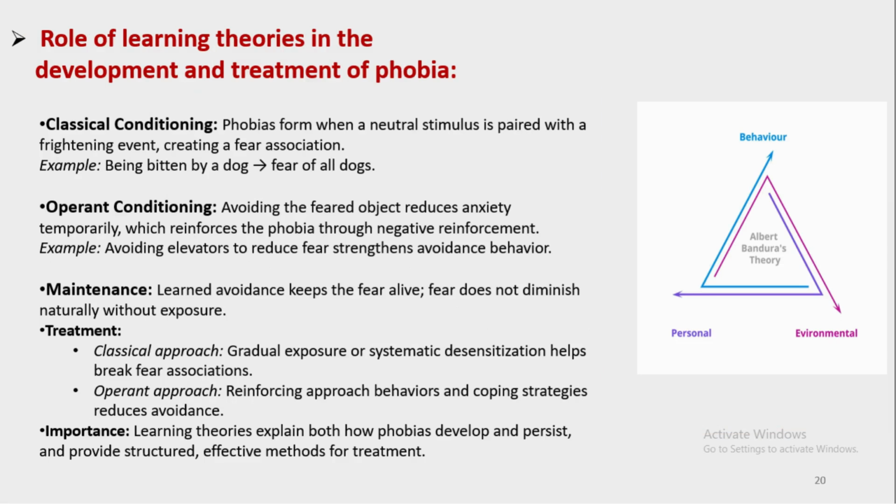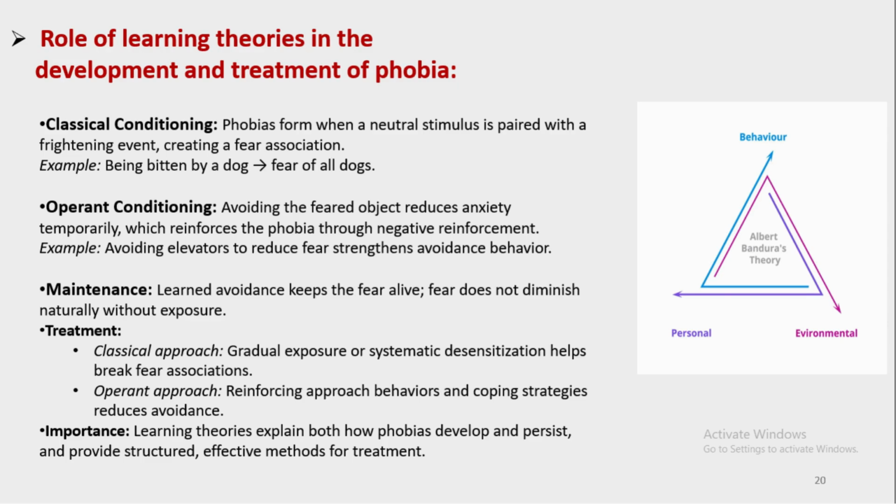So now, the role of learning theories in the development and treatment of phobia. The first is classical conditioning, where the phobia forms when a neutral stimulus is paired with a frightening event, causing a fear association. For example, being bitten by a dog leads to fear of all dogs. Operant conditioning: avoiding the feared object reduces anxiety temporarily, which reinforces the phobia through negative reinforcement.